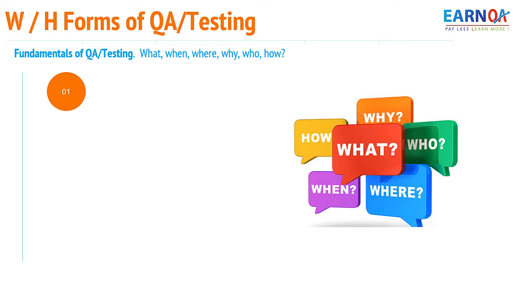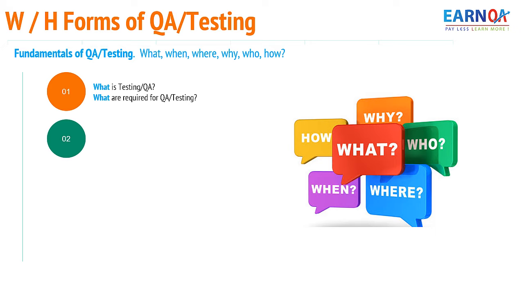Okay, so when we say the WH forms of testing, there are so many things that we should know. The first thing: what is QA? What is testing? And what is required for testing? In the previous chapter, we already discussed the fundamental and core definition of testing, so I'm not going to touch base, but I'll just give you a glance.